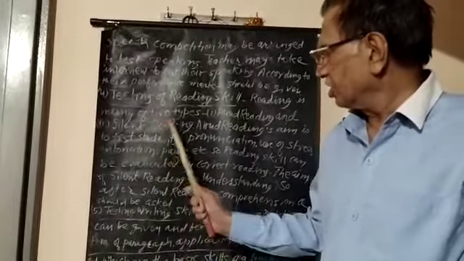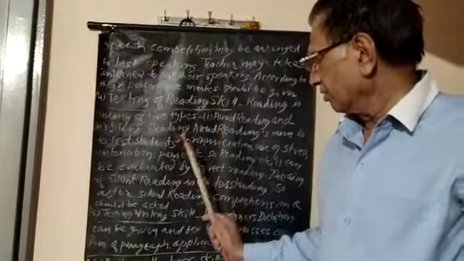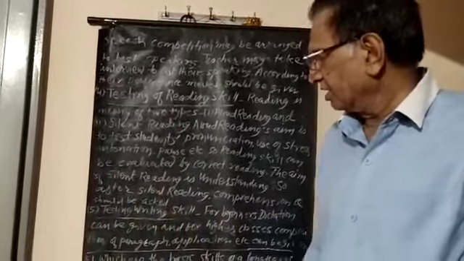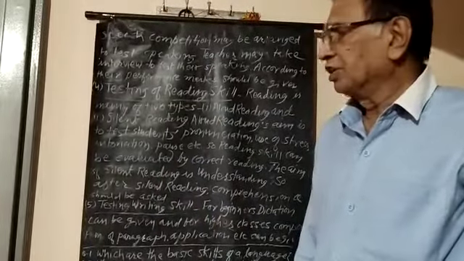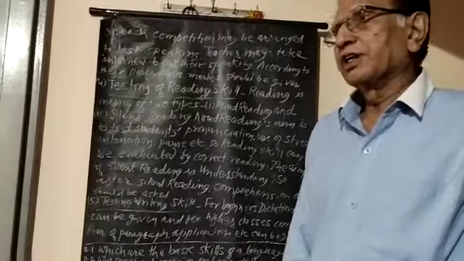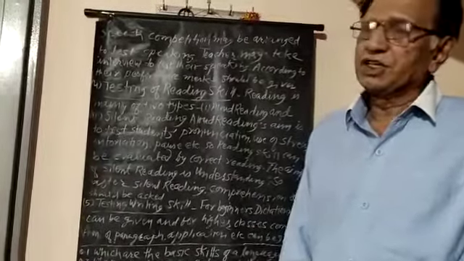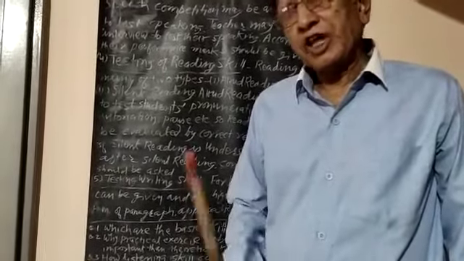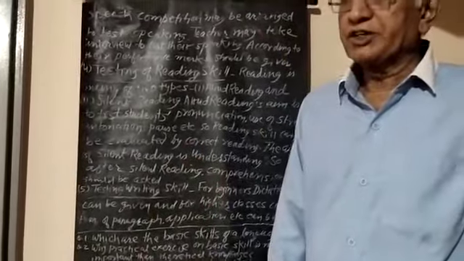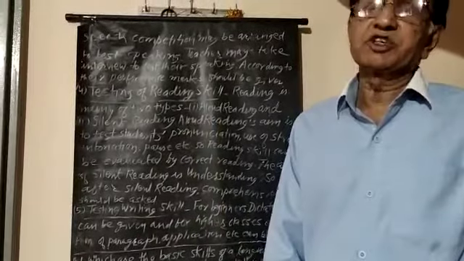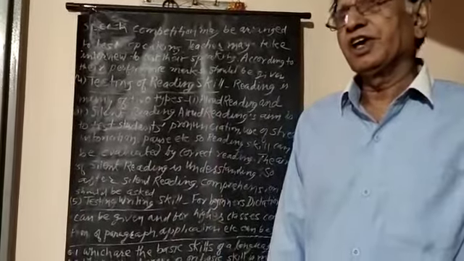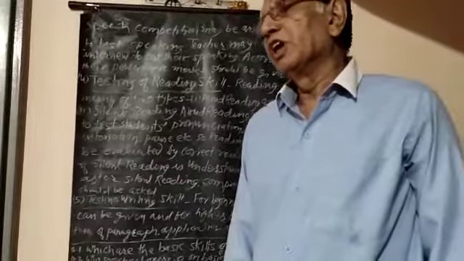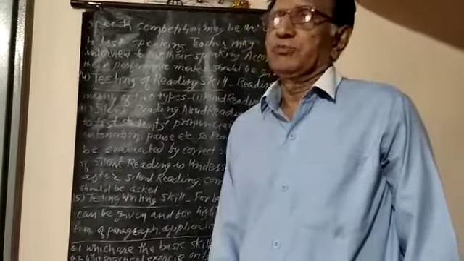This is the testing of reading, aloud and silent reading. And in class also, when the student is given the chance of reading, his mistakes should be corrected then and there. In this way, he can improve the reading skill.